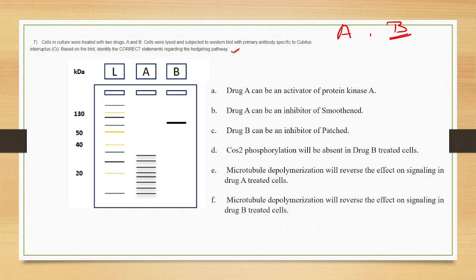See the diagram, the lanes A and B, and then try to relate it with the concept that you already have for the Hedgehog pathway. One minute more, and then I will switch the screen.